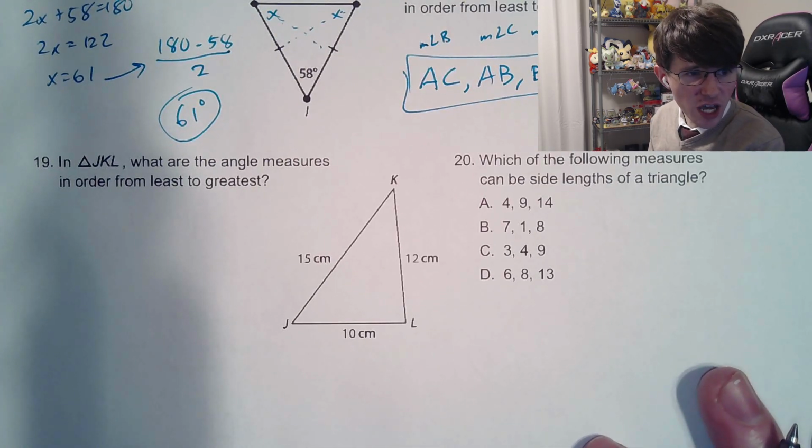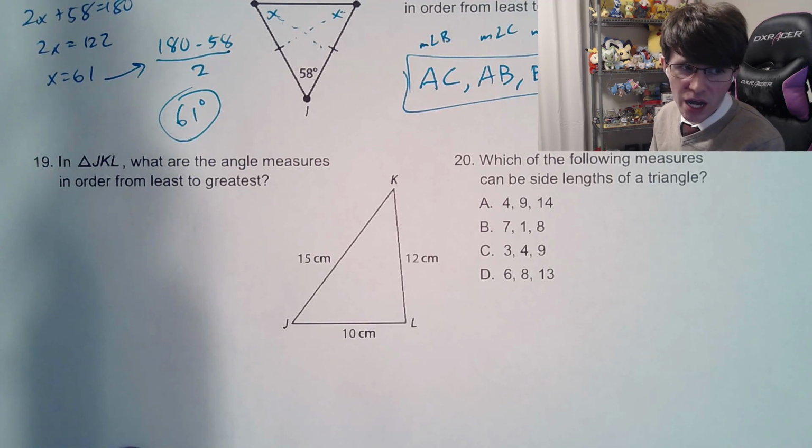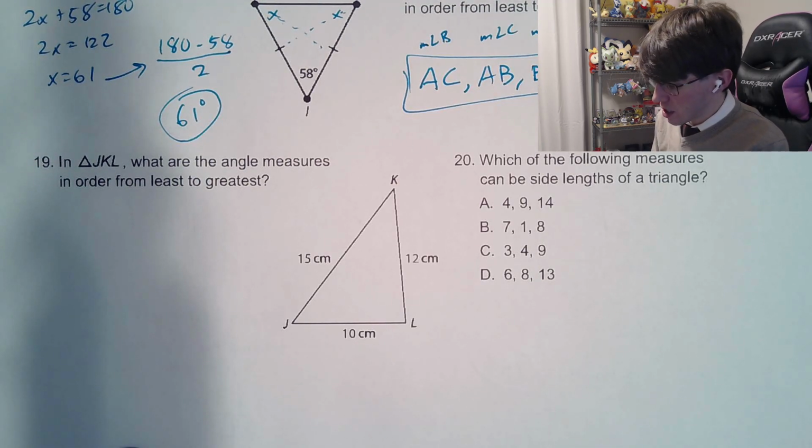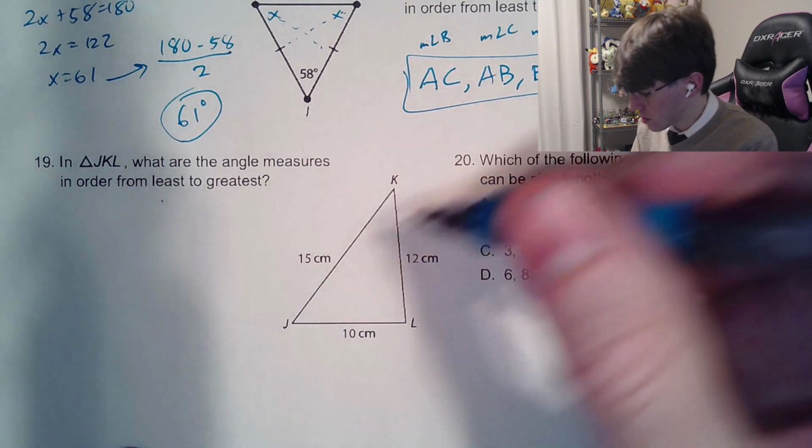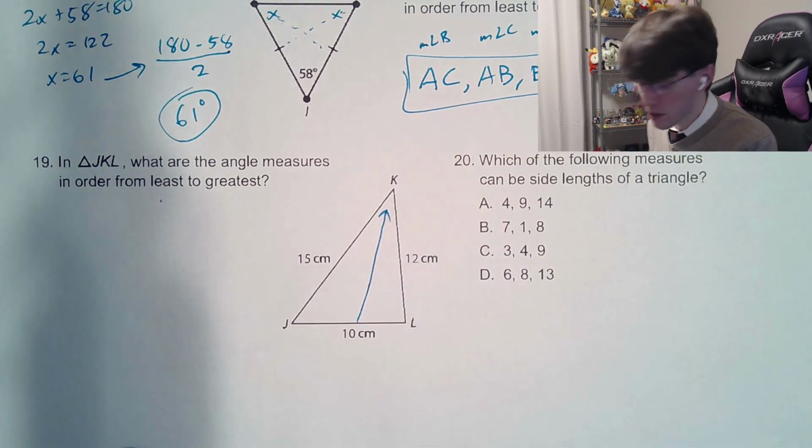In triangle JKL, what are the angle measures in order from least to greatest? Exactly the same concept. So we're doing from least to greatest. This number 10 goes with this letter K going across.